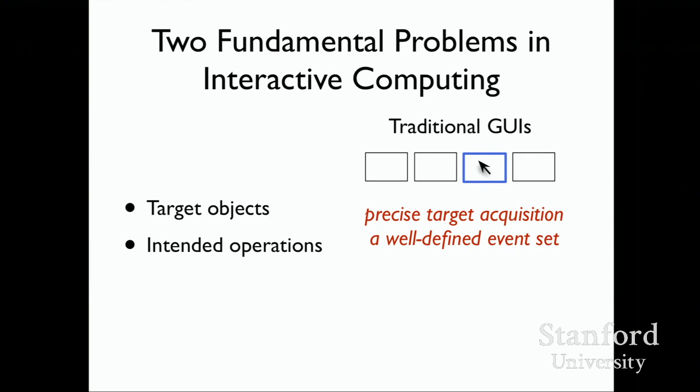When it comes to interactive computing, there are always two important problems to address. One is to identify the target object the user wants to manipulate. The other is to determine the operation the user intended for the object.